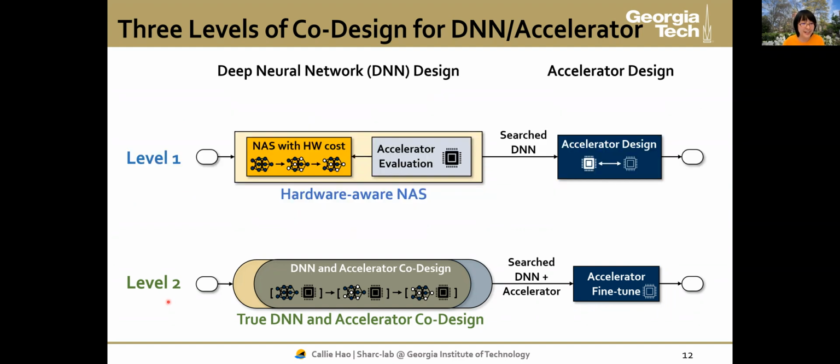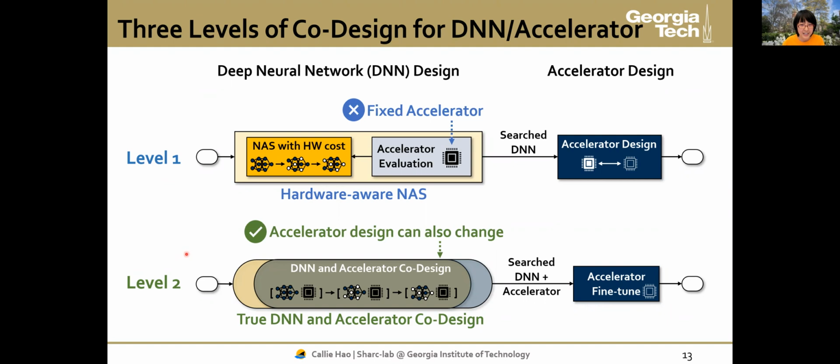And of course, we don't like level 0. So let's take a look at level 1 and level 2 again. What's the difference? I'm pretty sure you're aware that at level 1, the hardware awareness, we have a fixed accelerator. The accelerator itself is not searched, is not changing. But in level 2, the accelerator design can also change.